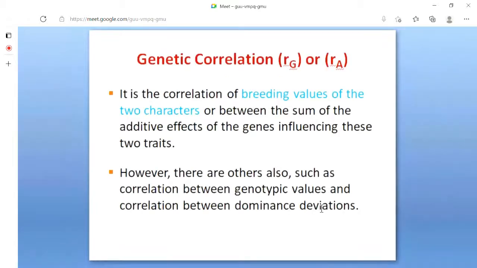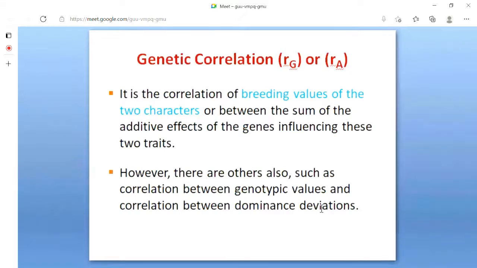And the genetic correlation is the correlation of the breeding values of the two characters. It is defined as the correlation of breeding value of the two characters, whereas in the case of the phenotypic correlation, it is the correlation of the phenotypic values.